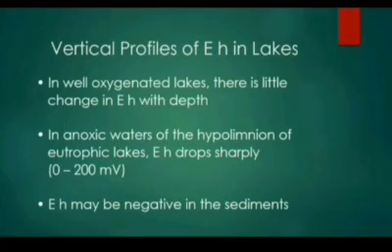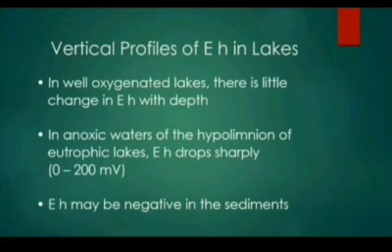Vertical profiles of EH in lakes. In well oxygenated lakes, where the amount of oxygen is greater, there is little change in EH, while as we go further down in depth, there is a change in the measurement of electrode potential.